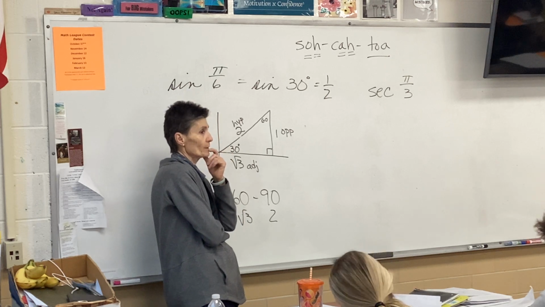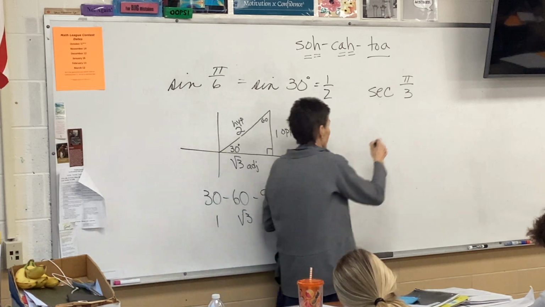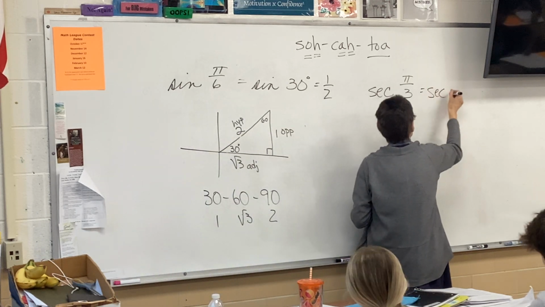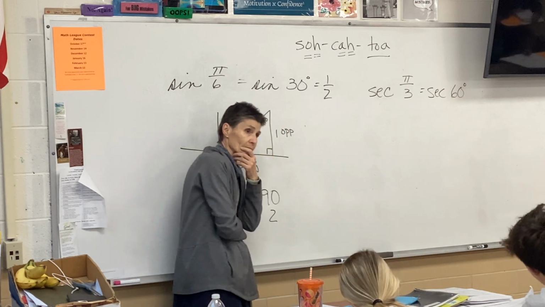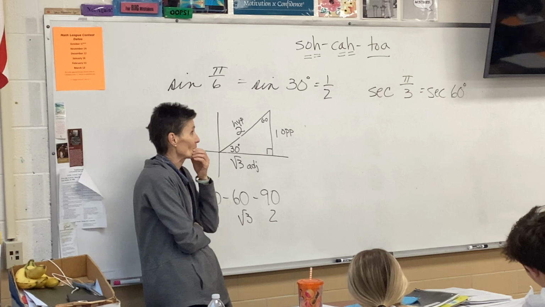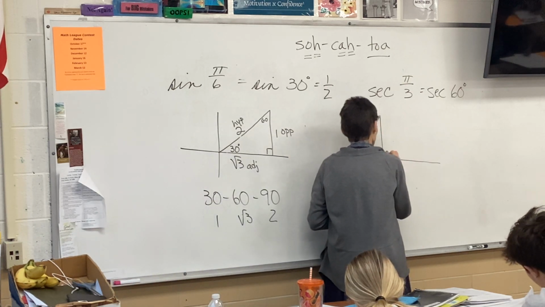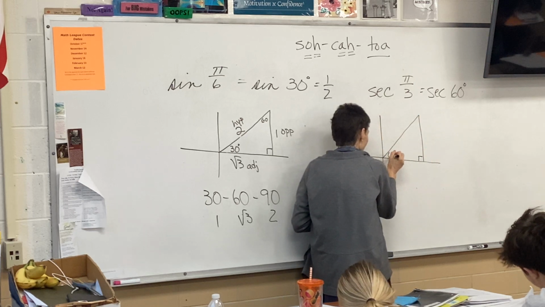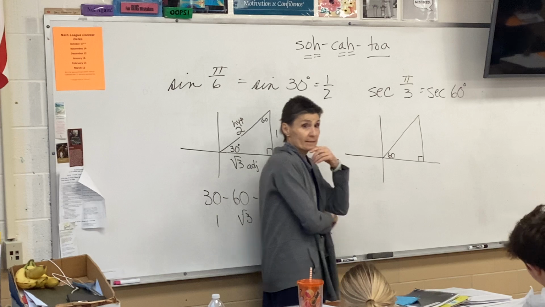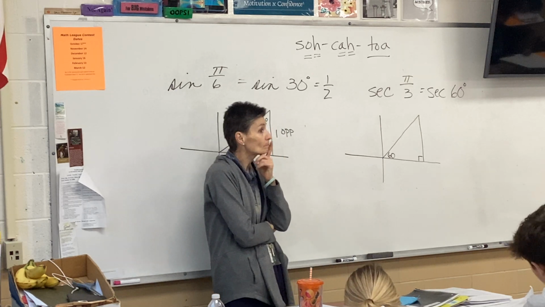What's pi over 3? 60. How do we know that? 180 divided by 3, yep. So I'm going to draw my picture, same one I always draw. And this time my angle is going to be 60, because that's the angle in the problem.